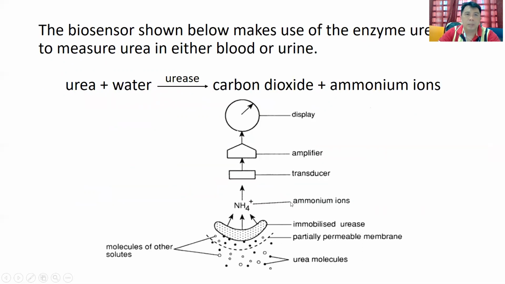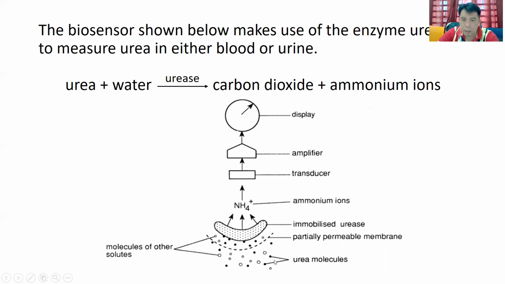All right. When we talk about enzyme immobilization, we will need to talk about the biosensor. The biosensor shown below makes use of the enzyme urease to measure urea in either blood or urine. This is the equation given, and this is the diagram of the biosensor.